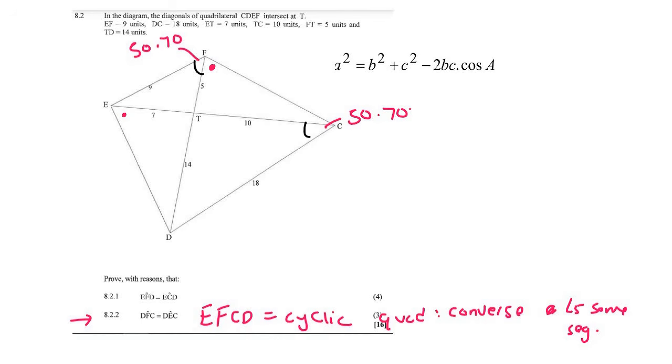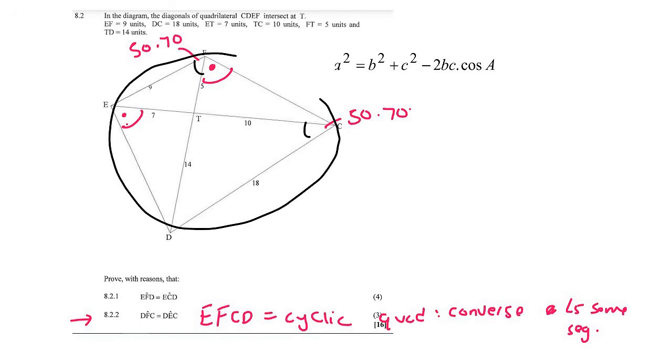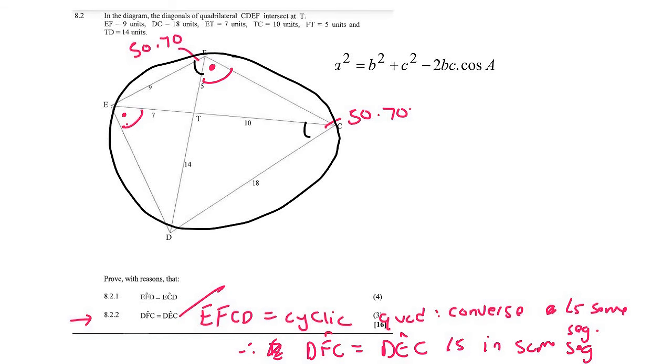So, because it's a cyclic quad, then it automatically means that these two have to be the same. Because if it's a cyclic quad, then it's almost like there's a circle there. The circle doesn't have to be there, though, for it to be a cyclic quad. And so we can then say, therefore, angle E, actually we should call it what they said, DFC equals DEC, angles in same segment.